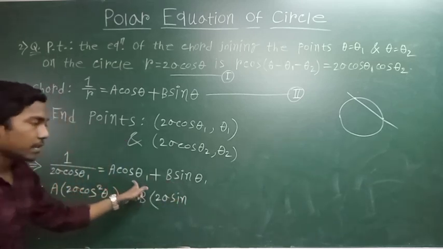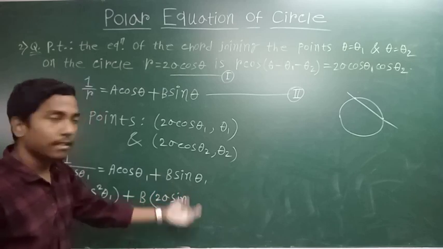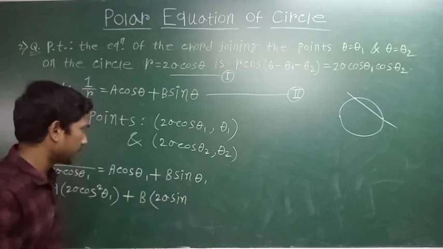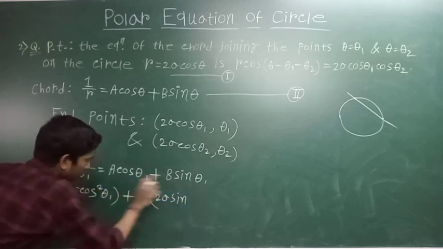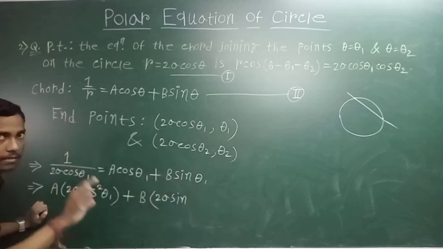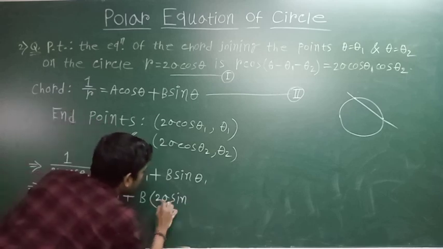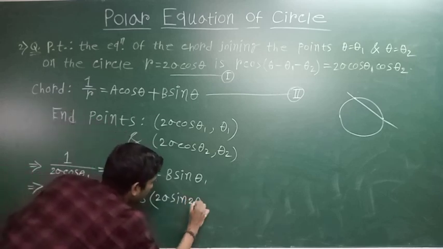Now 2 sin theta 1 into cos theta 1 means sin 2 theta 1. The formula of sin 2 theta is 2 sin theta cos theta. So 2 sin theta 1 into cos theta 1 is equal to sin 2 theta 1. So you can write a sin 2 theta 1.